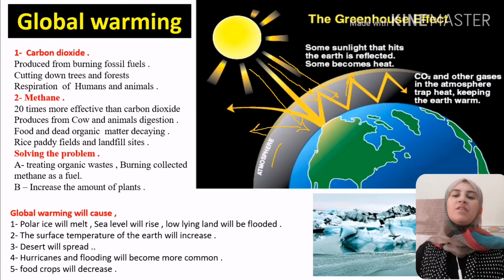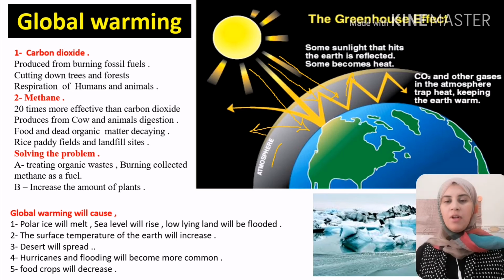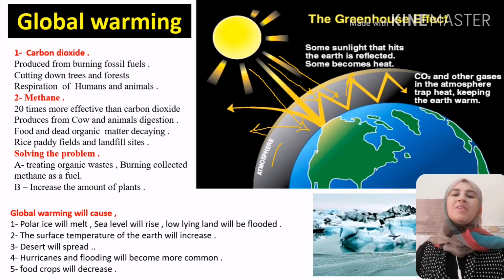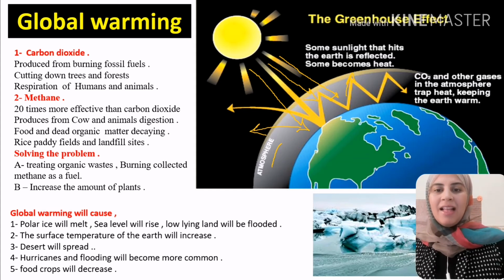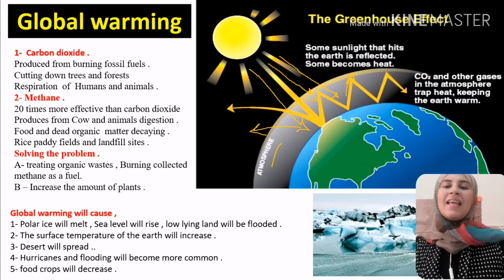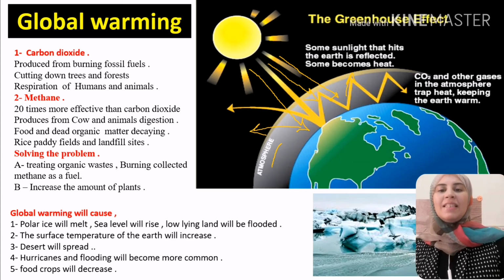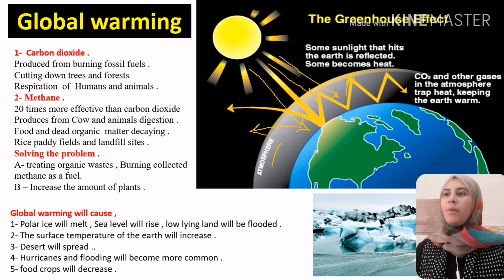But when we increase the level of air pollution, the level of some gases increases in the air. Gases like carbon dioxide and methane prevent energy loss and decrease the amount of energy lost from the earth.